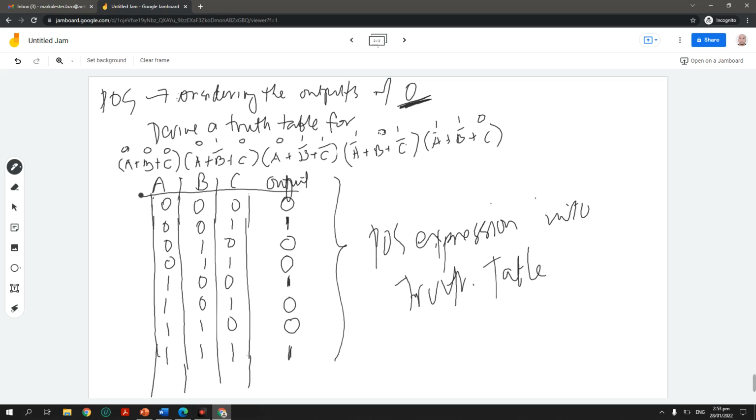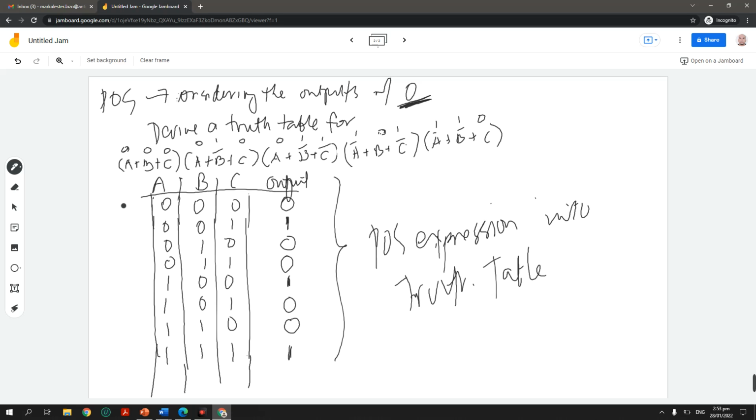The same when you are given a truth table and you want to convert it into a POS expression, just do the reverse. You still consider only the zero outputs, and you write those inputs with zero in true form and those inputs with one in complemented form.